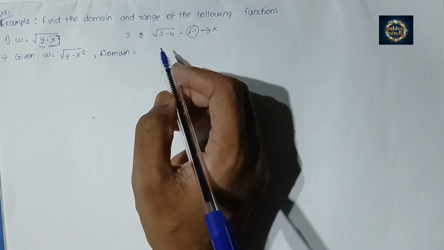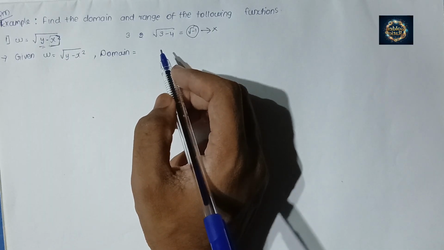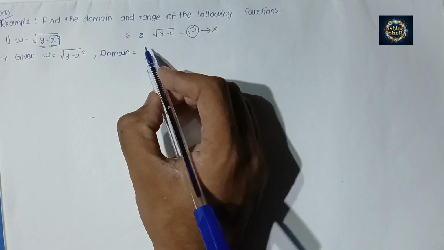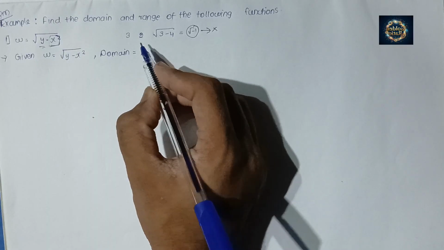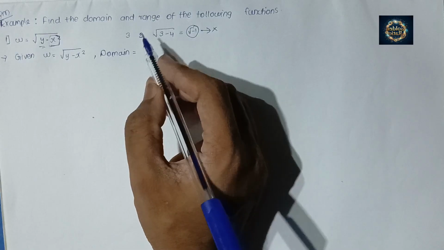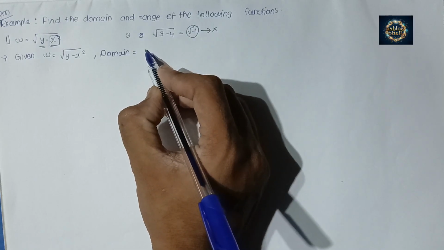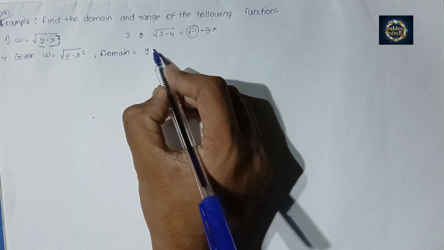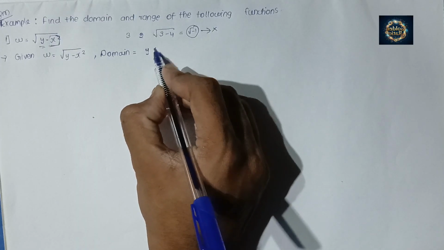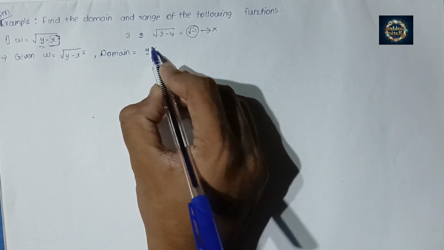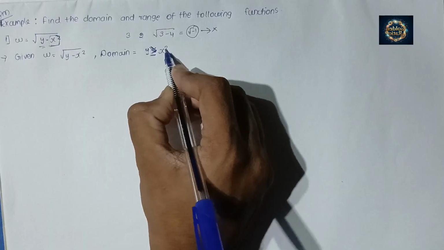So we can assign the domain in terms of a condition. The numbers that we are giving here must be such that x square must be less than or equal to y, then only the function will hold a non-negative number.